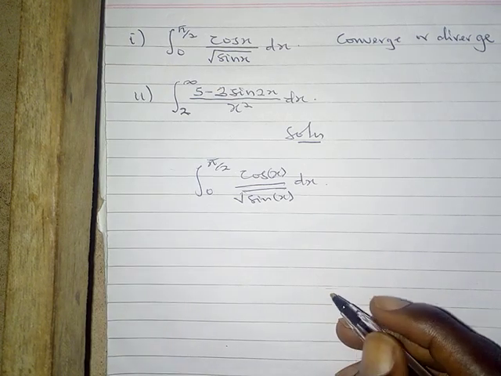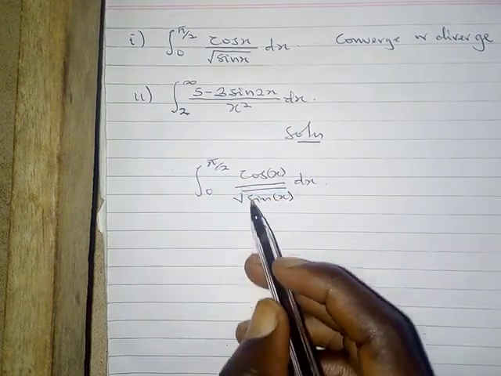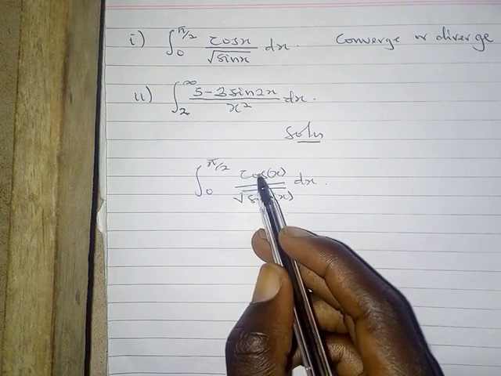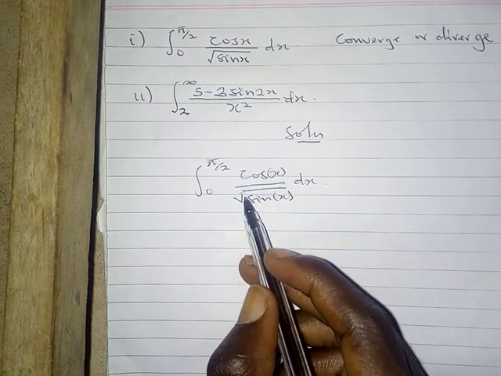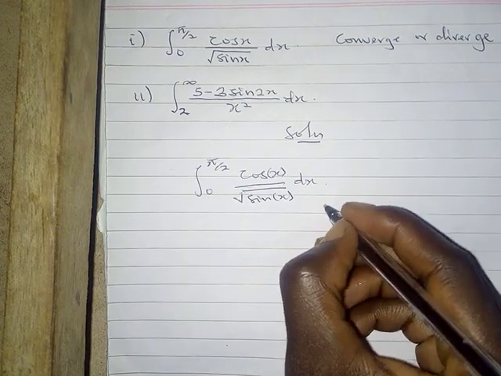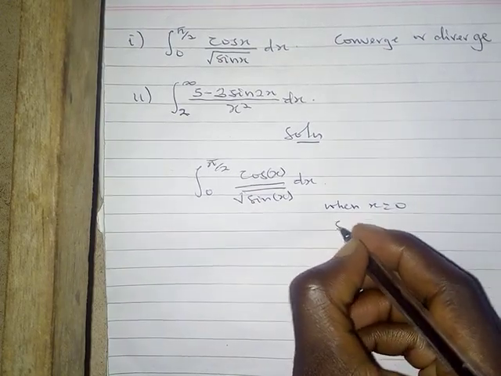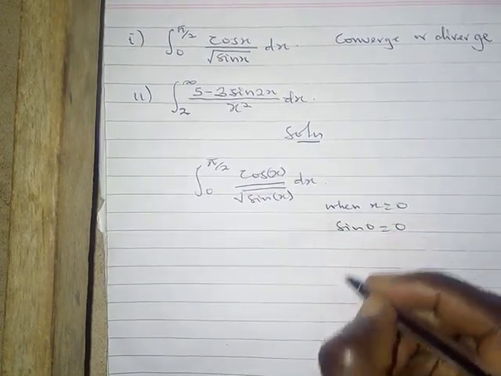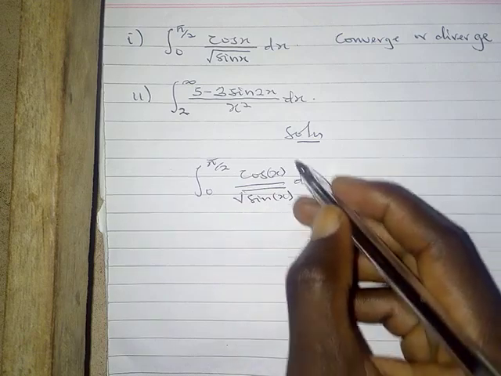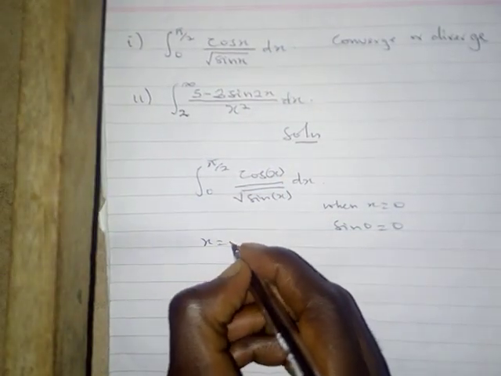From 0 to pi over 2, we can see that when x equals 0, sine 0 is equal to 0, which makes this integral improper. So when x equals 0, the integral is improper.